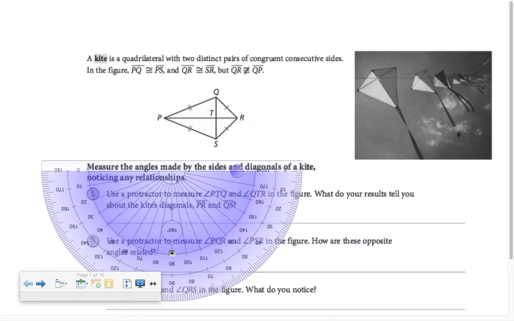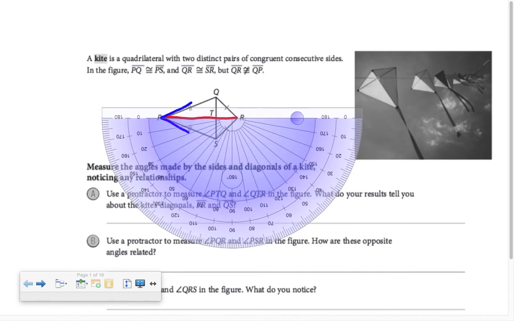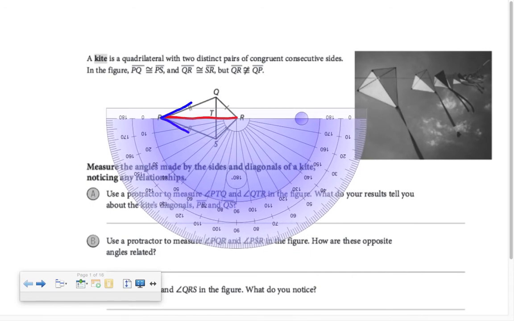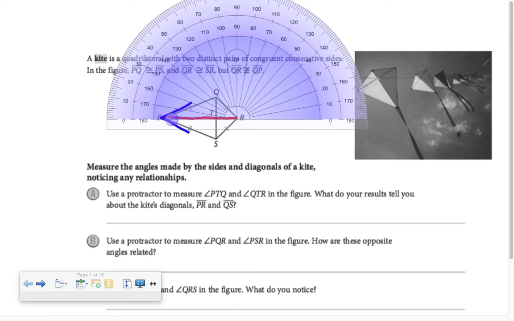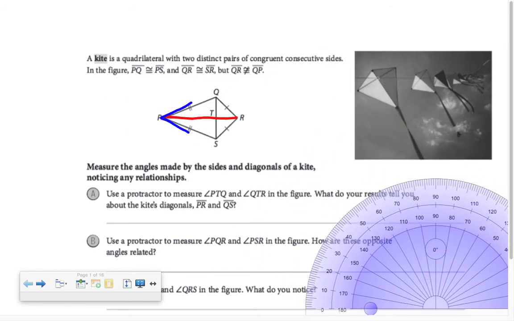So this diagonal bisected this angle of the kite. Does it also bisect the other angle? Okay, so that angle is about 40, let's say 45. This angle QRT, that's also just about 45.